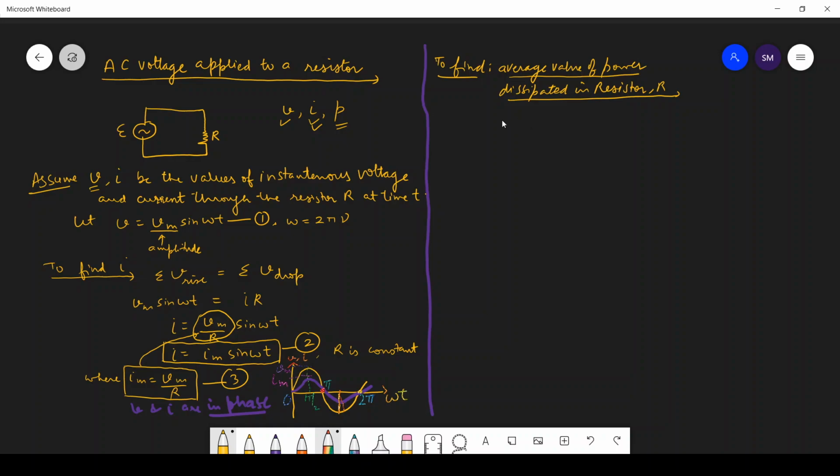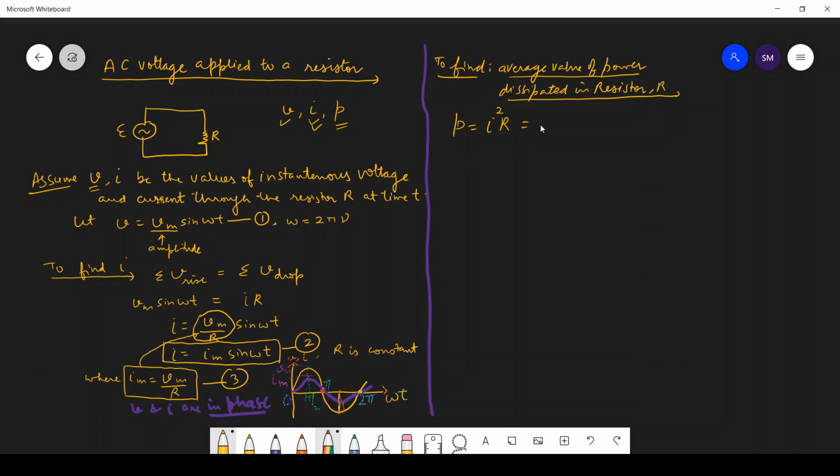First of all, we'll start with instantaneous power. Instantaneous power P is equal to, we know the formula, I square R. So this is instantaneous current. Now let us put the value of instantaneous current from equation number 2.